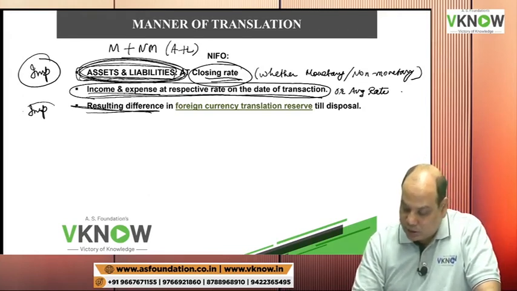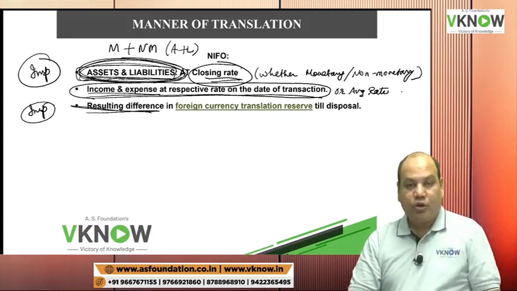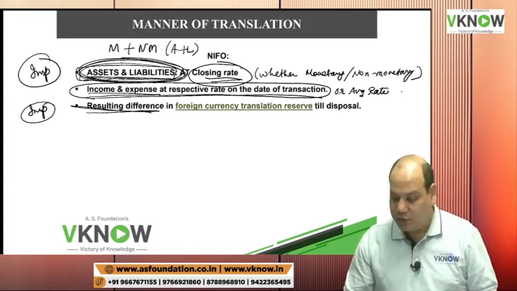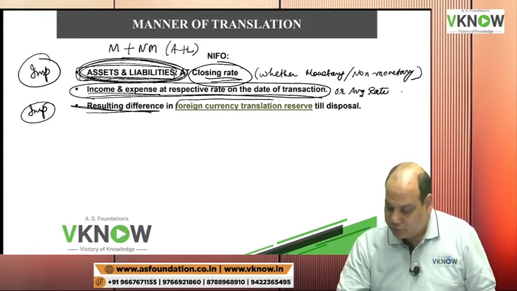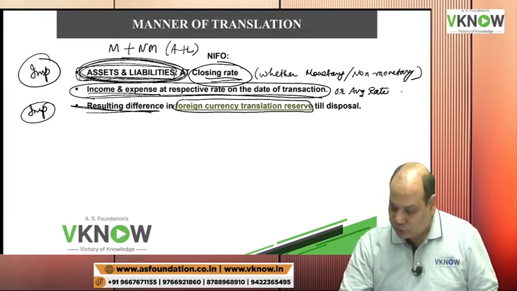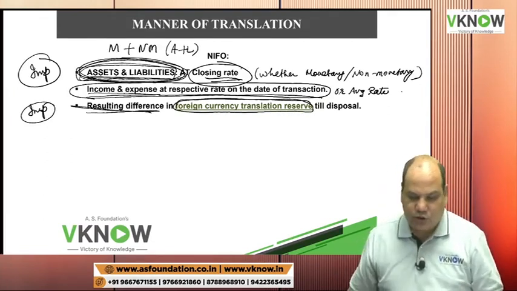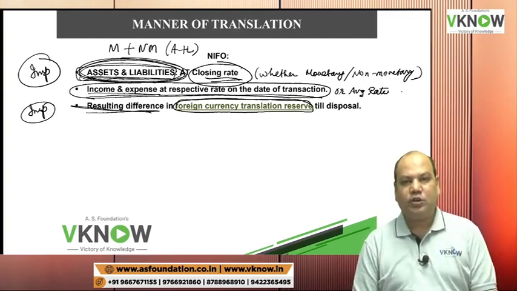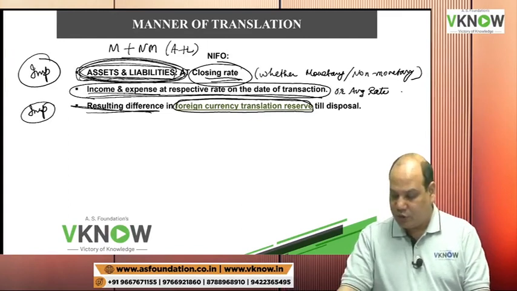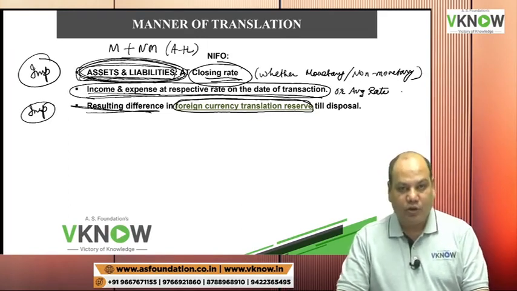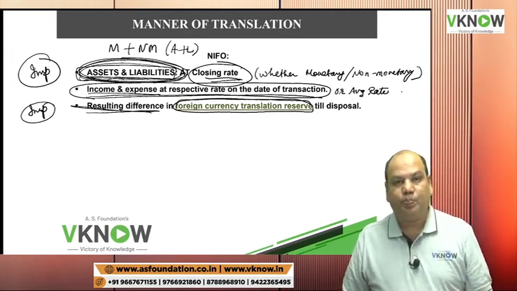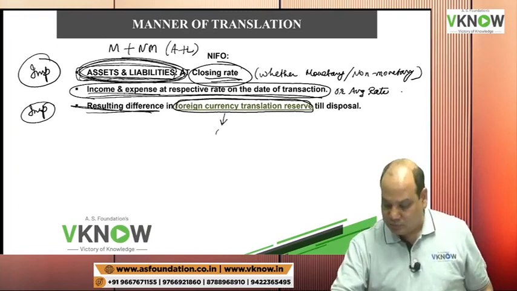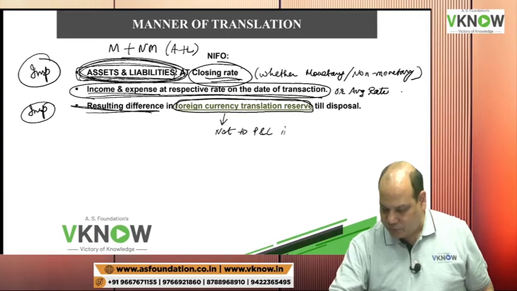And the second important point is that the exchange difference which will arise will be transferred to foreign currency translation reserve till disposal. So we are not going to transfer it to P&L account immediately.